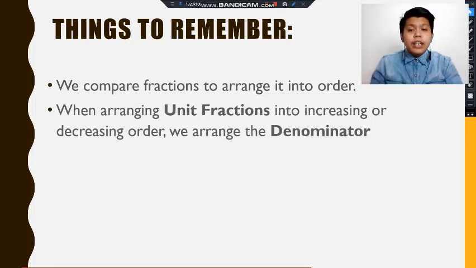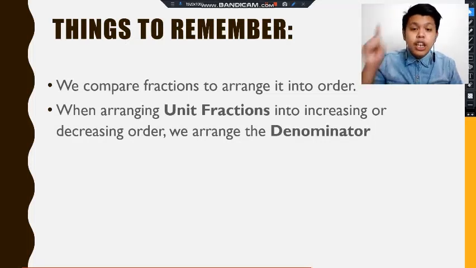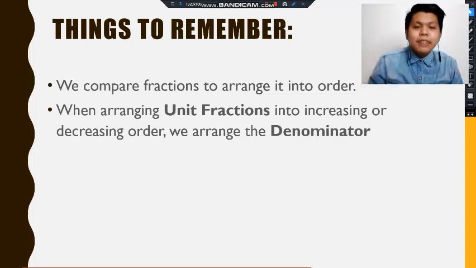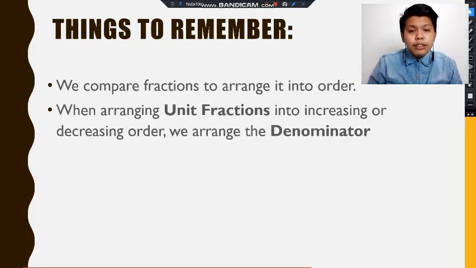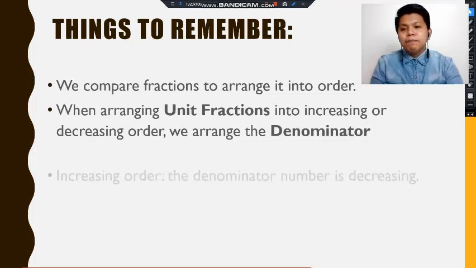Next, when arranging unit fractions with numerator 1 into increasing or decreasing order, we arrange the denominator. Okay? So if it's a unit fraction, you just need to arrange that into their denominator.